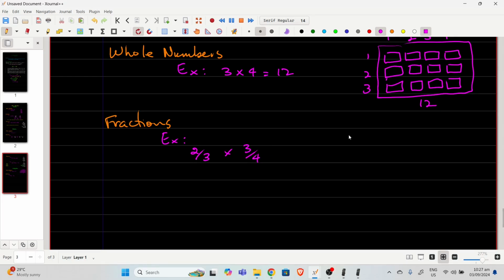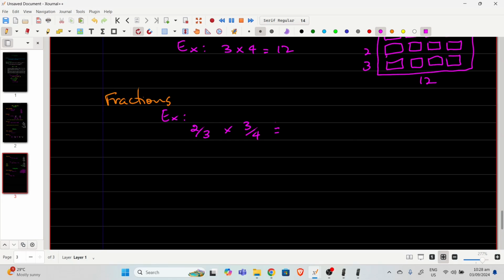Then there are 2 possible ways that you can do this. All right. In this case, let me do 2 options right away. So I'll do different colors for each of them. So I can directly multiply the top by the top and the bottom by the bottom. So 2 times 3 divided by 3 times 4. I can directly do that, and I will get 6 over 12, right?